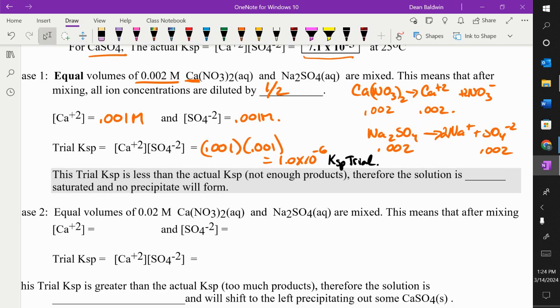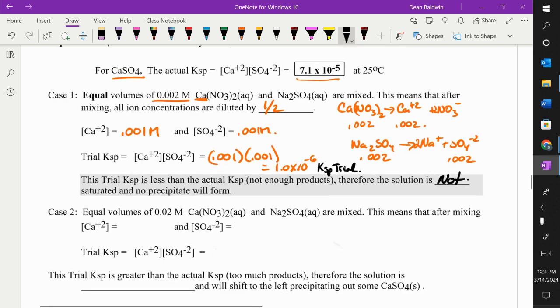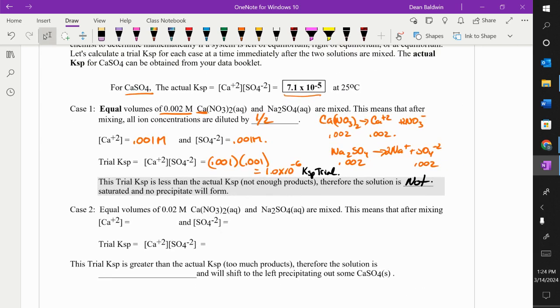Therefore, are we in a saturated solution? No, we are not. So the solution is not saturated. And if it's not saturated, you have no precipitate forming. Does that make sense? You can still add more to push the equilibrium that way. So the concentrations were too low to get over the KSP.